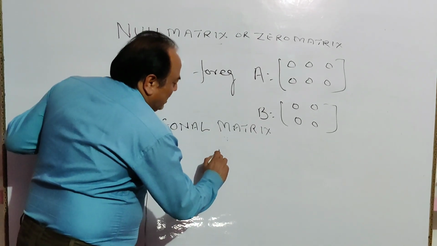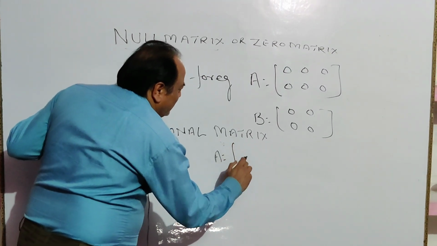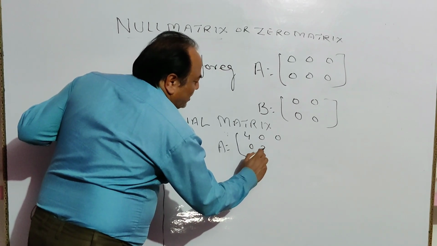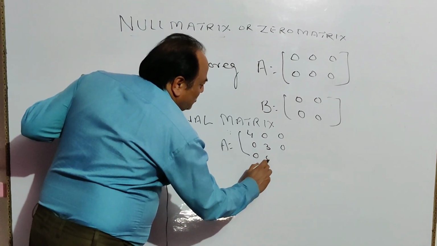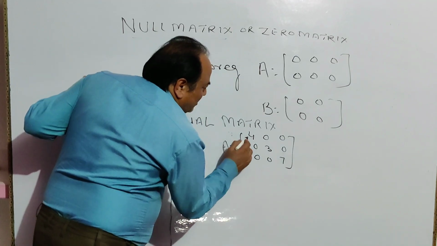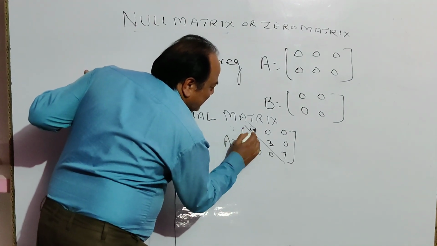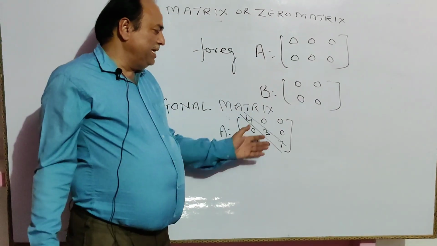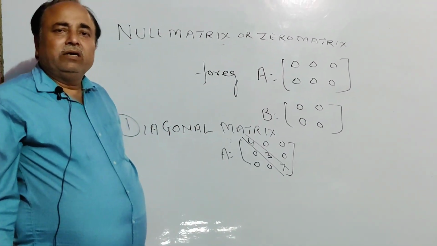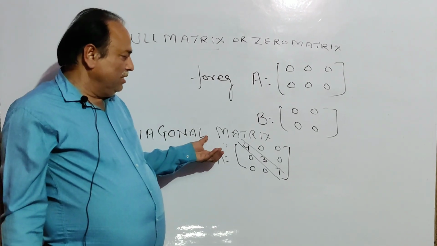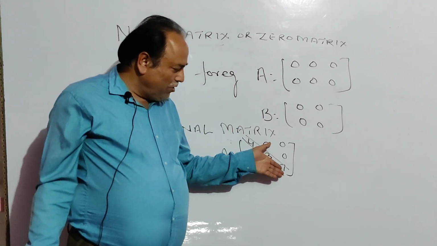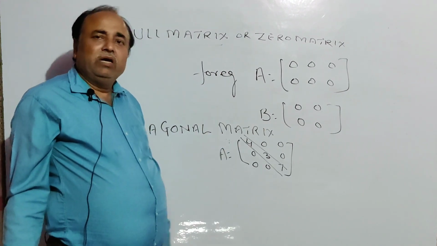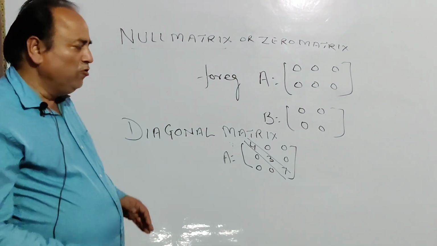For example, A is equal to 4, 0, 0, 0, 3, 0, 0, 0, 7. These elements are known as diagonal elements, and the rest of the elements are non-diagonal elements. So a square matrix in which diagonal elements are not equal to 0 and non-diagonal elements are equal to 0, such a matrix is known as a diagonal matrix.